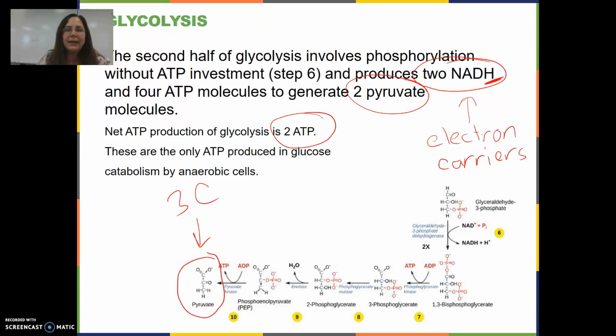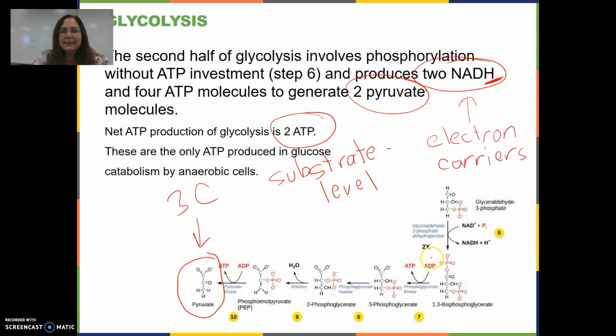I also want to point out that the 2 ATP molecules are produced by substrate level phosphorylation. And I can show you both examples of where this happens.